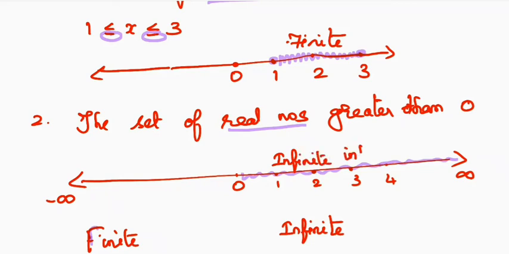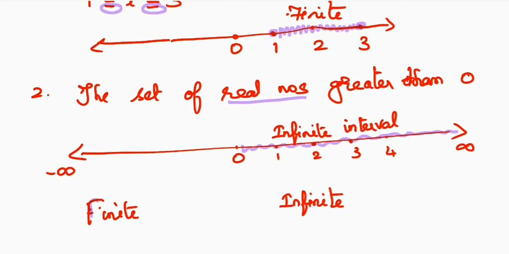For the finite interval, the set of real numbers between 1 and 3, you will have infinitely many real numbers. It is an infinite set. This also is an infinite set. Both are infinite sets only. But how can we differentiate a finite interval and an infinite interval?